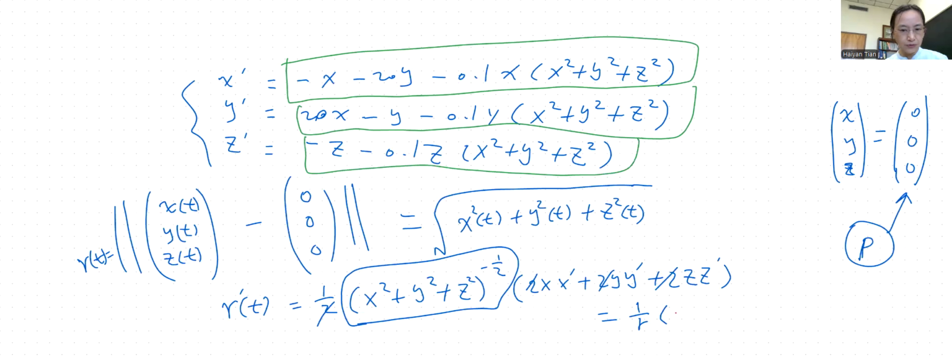So after this substitution of x prime, y prime, z prime, we get x times x prime. So finally, it is this quantity.